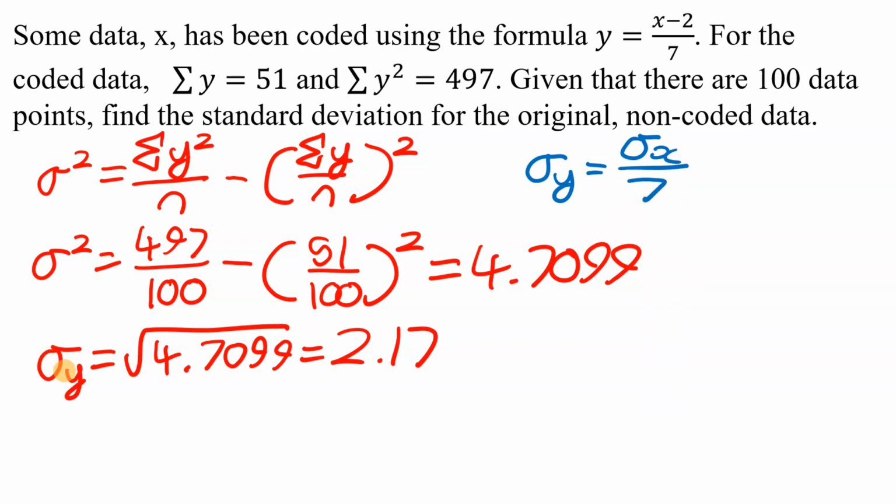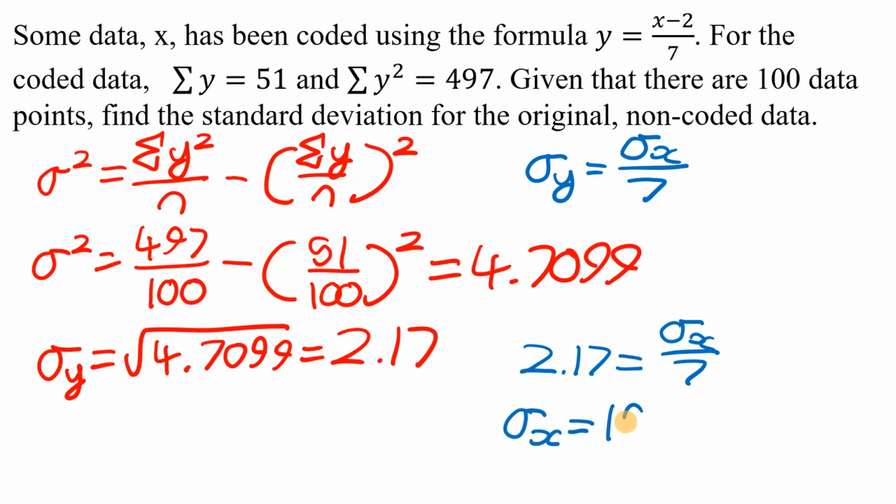We know the standard deviation for y is 2.17, so 2.17 is equal to the standard deviation of x divided by 7, and then multiply both sides by 7, so we get that sigma x is equal to 15.19, and this is the standard deviation for the original data.